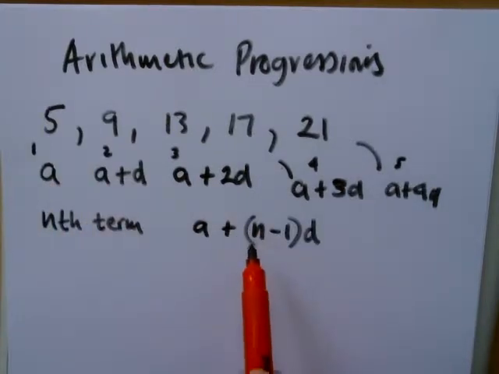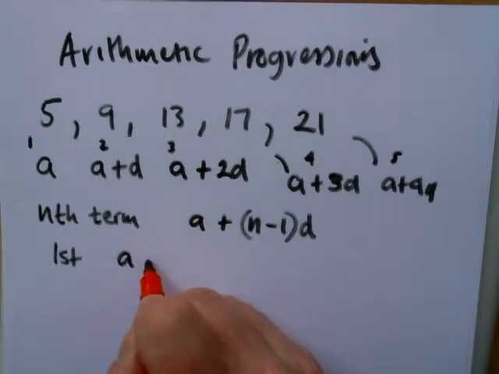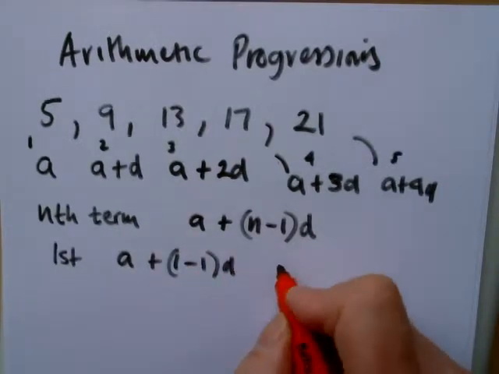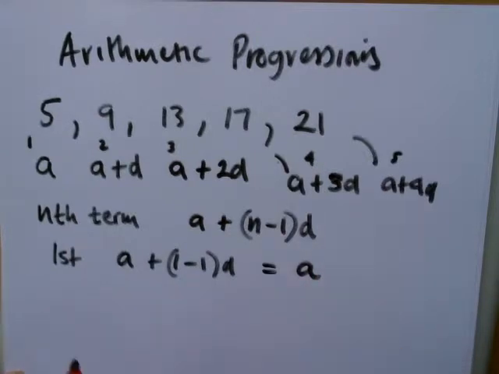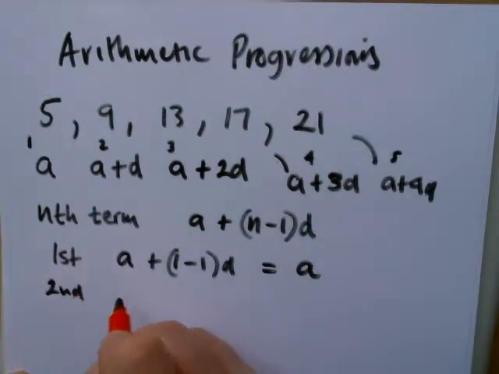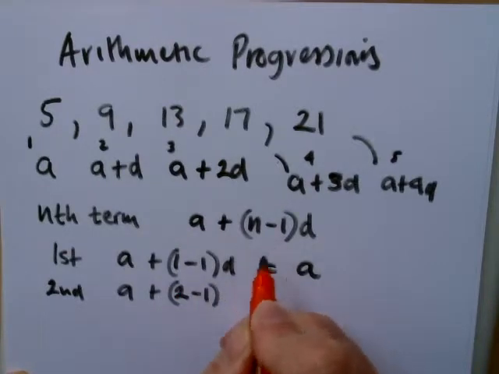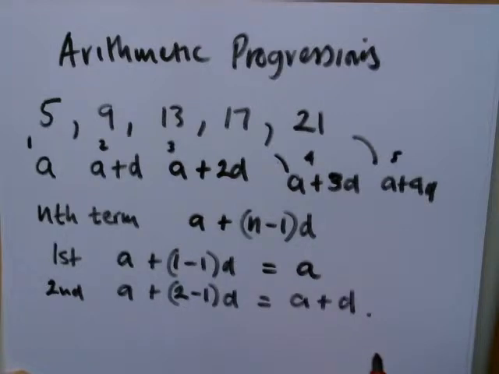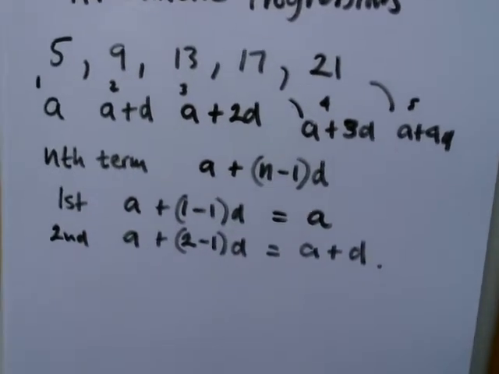So if I put 1 in here to get the first term, our first term would be A plus 1 take 1 times D. And that equals A plus 0D, which is A. My second term would be A plus 2 minus 1 using the formula D, which is A plus D, and so on. So it's important to remember that.